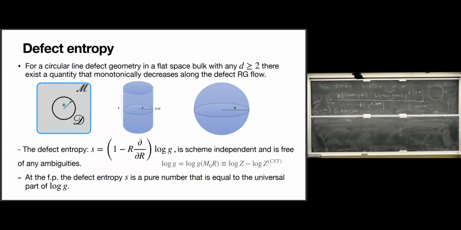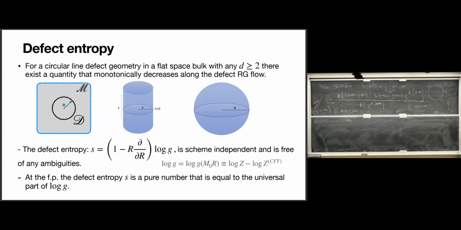And you can use any of these geometries in order to define the following quantity that we call the defect entropy. So this quantity is defined like that, this S here. So you take 1 minus r partial r, where r is the radius of the circular line defect, and you act with this on log G, where log G is the same definition from the previous slide. Once you have a defect RG flow, it can be a function of the dimensionless product m0 r.